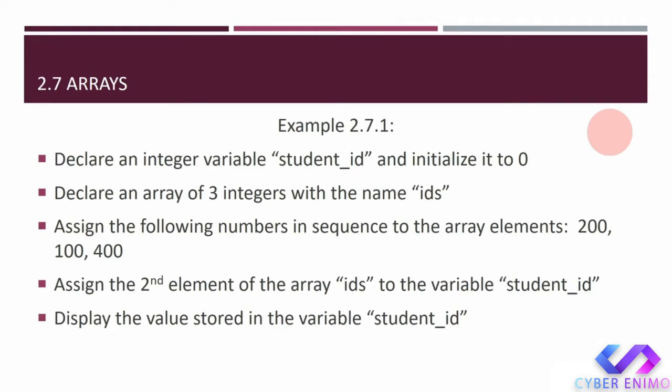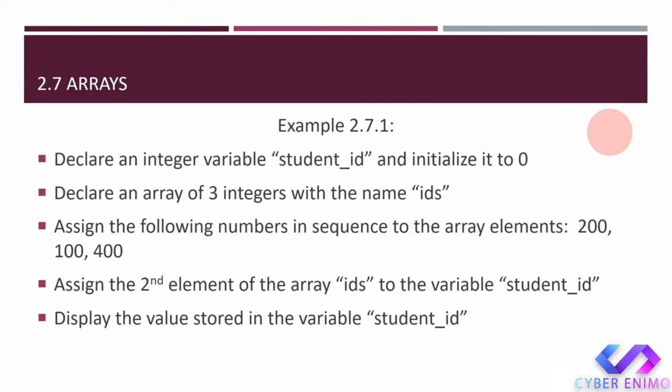Let's take an example. Let's declare an integer variable, give it the name student underscore ID, and initialize it to 0. Then declare an array of 3 integers and give it the name IDS. Then assign the following numbers in sequence to the array elements: 200, 100, 400.